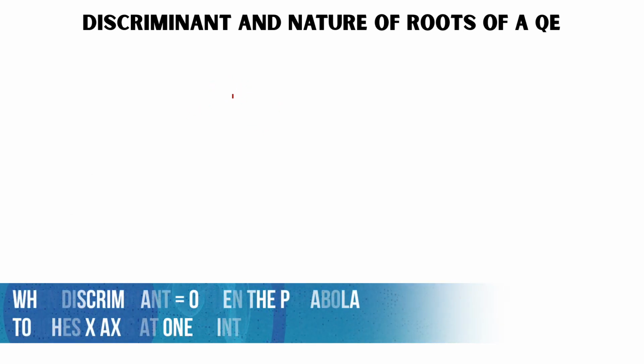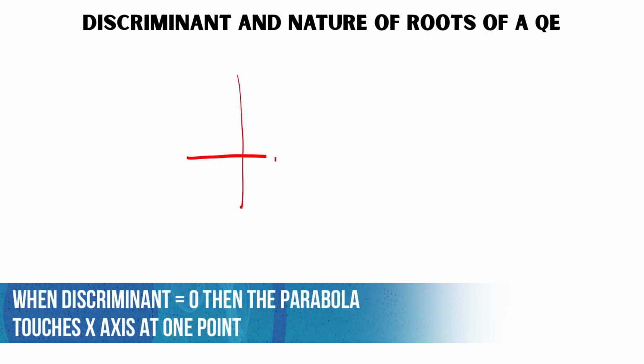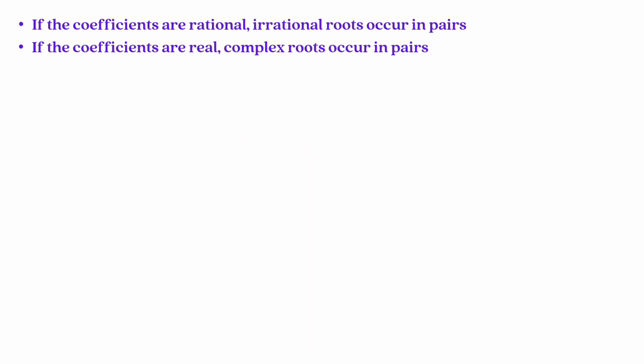And always remember one thing. Two points to note here: if the coefficients are rational, irrational roots occur in pairs. What does this mean? Let's say for a quadratic equation, 3 plus root 4 is one of the roots.